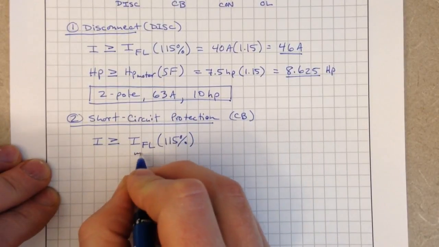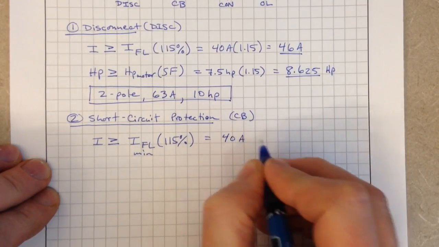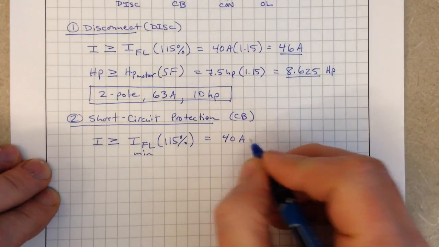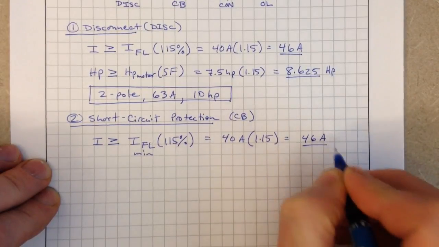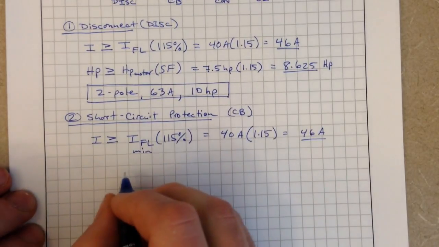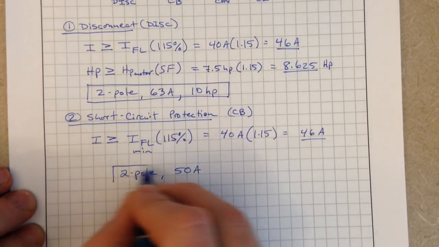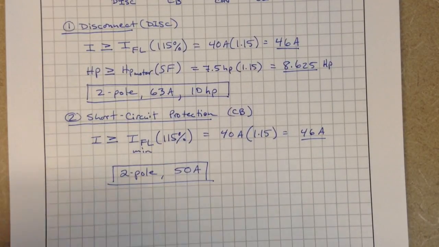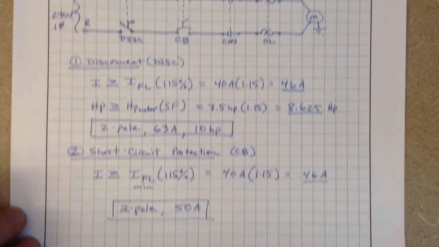This is a minimum. There's a maximum of 250%, but usually what I like to do is start at my minimum and just get the next value up in the catalog. I just can't go past 250%. So my 46 amps I need to be accounting for, and I will probably find a 2-pole circuit breaker in the 50 amp range. I won't get 46, I won't get 47, I won't get 40, I'll get a 50 amp circuit breaker. So there's our circuit breaker, our short circuit protection.